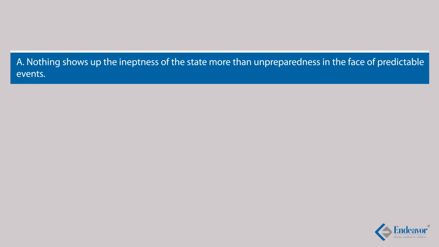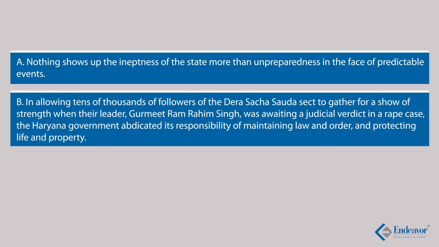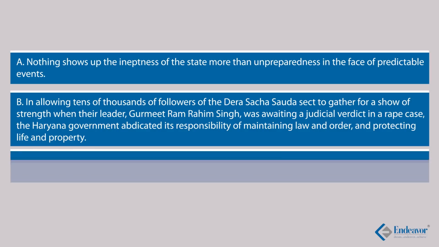Sentence A. Nothing shows up the ineptness of the state more than unpreparedness in the face of predictable events. In allowing tens of thousands of followers of the Dera Sacha Sauda sect to gather for a show of strength when their leader Gurmeet Ram Rahim Singh was awaiting a judicial verdict in a rape case, the Haryana government abdicated its responsibility of maintaining law and order and protecting life and property.